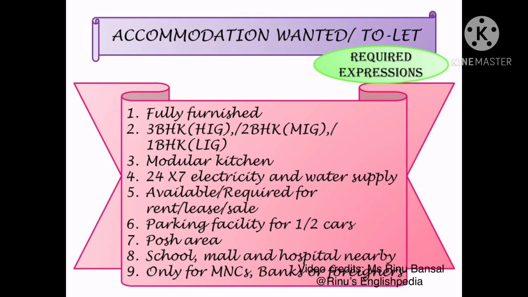There are certain expressions which are going to be very useful when you are writing these types of advertisements. For example, expressions like fully furnished, which means that all required furniture is available. 3 BHK means a flat which has 3 bedrooms, hall and kitchen, and is also referred to as an HIG or high income group flat. 2 BHK means 2 bedroom hall kitchen and refers to a middle income group flat, and 1 BHK is associated with a low income group flat.